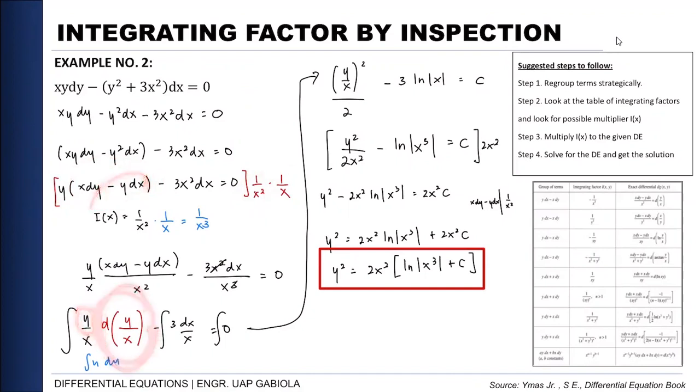So, kailangan na magdagdag ka ng 1 over x para maging y over x siya. Para maging siyang u du. Okay? Once na u du na siya, it can easily be integrable using power formula for integration or basic formula ng integral. And then, yun. Solve or simplify the given function, and then you have now your solution.